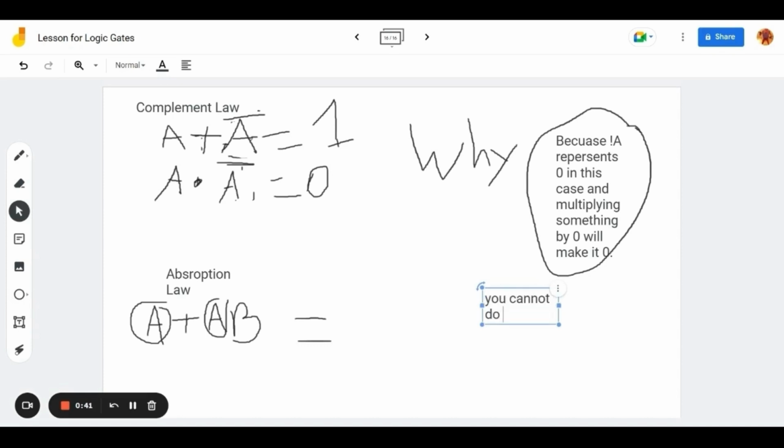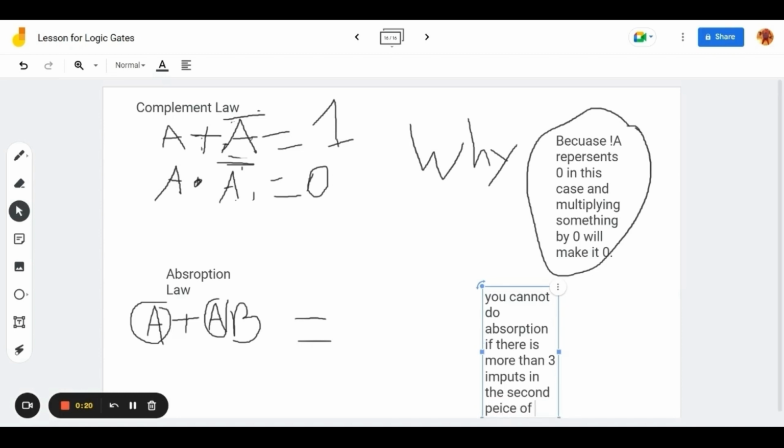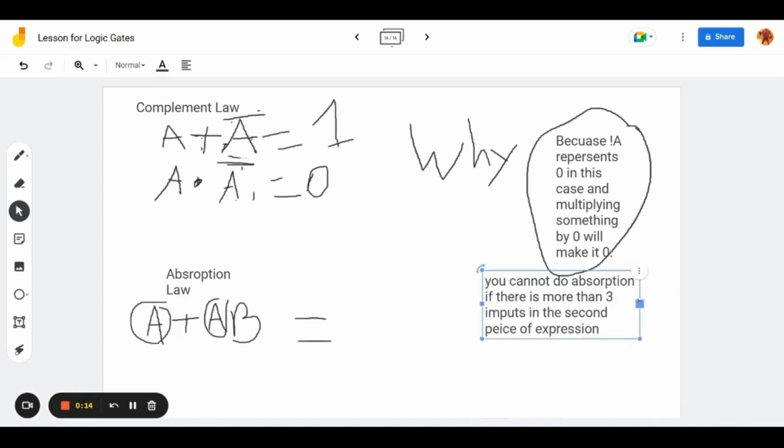You cannot do absorption if there are more than two inputs in the second piece of the expression.